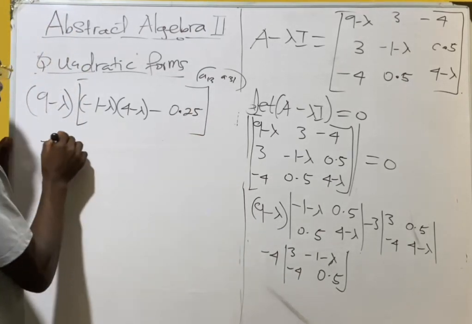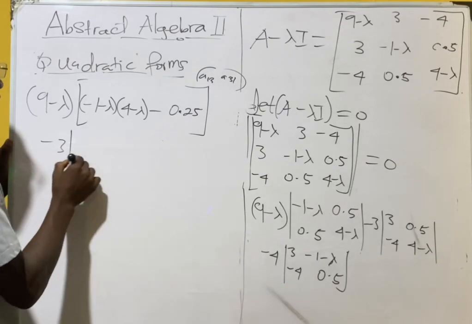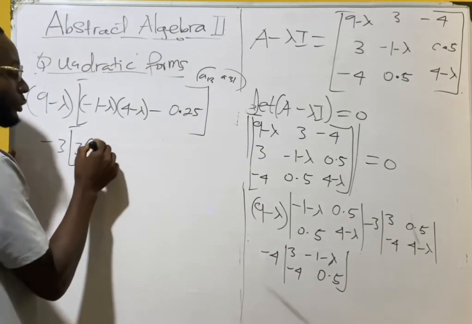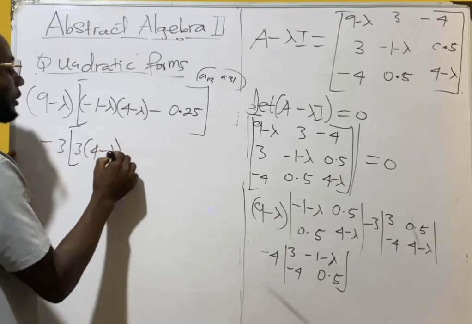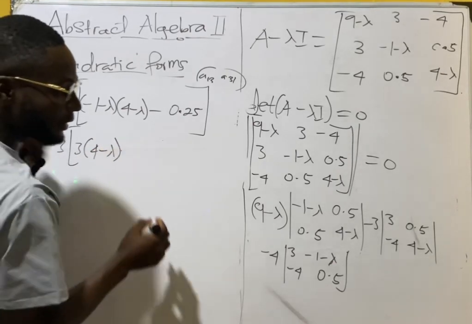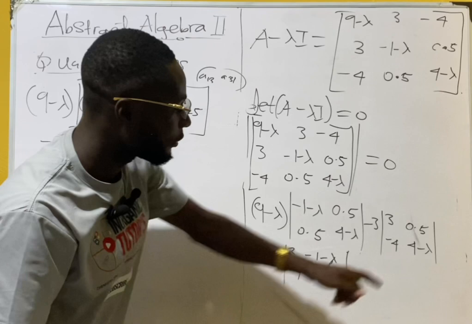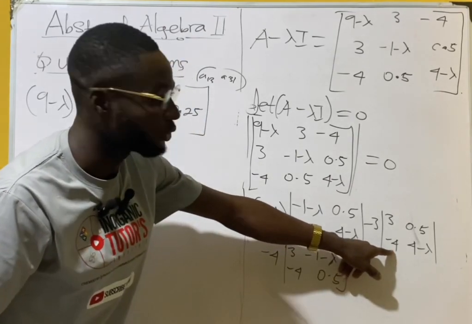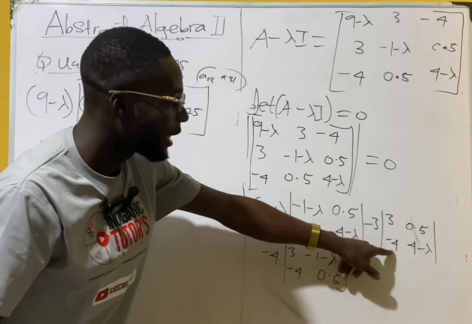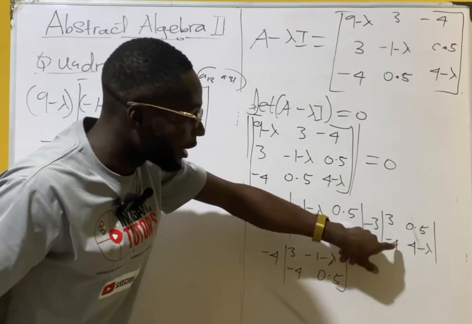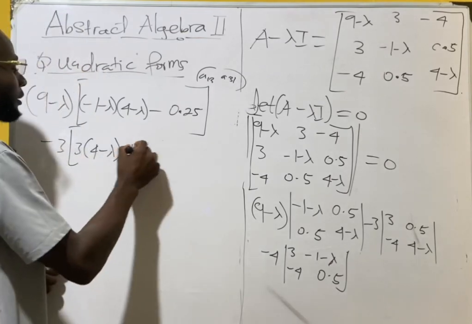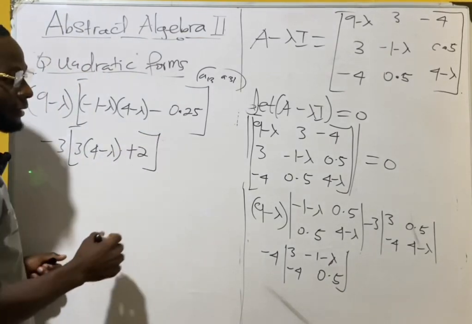Then we come to minus 3 into this time. This is 3 into 4 minus lambda. Then we're going to have negative 4 times what? 0.5. So that will be what? Minus 2. And minus 2, this one is affected by what? Negative. So that will be what? Plus 2, right?